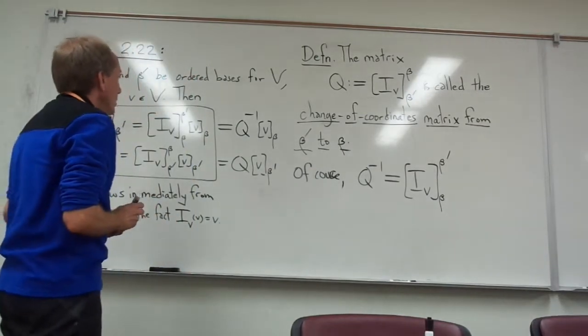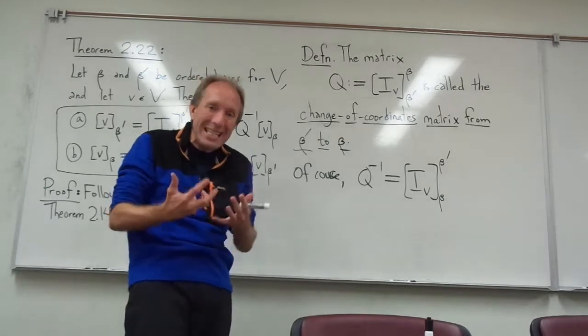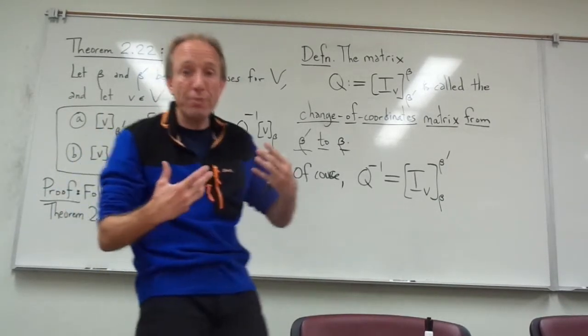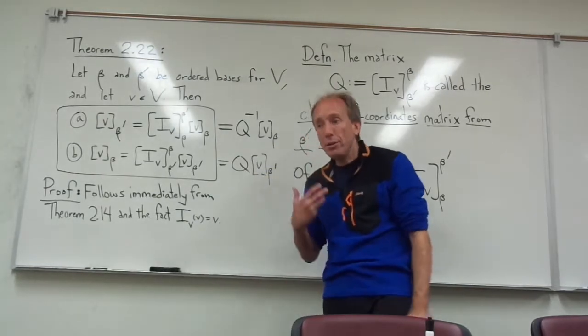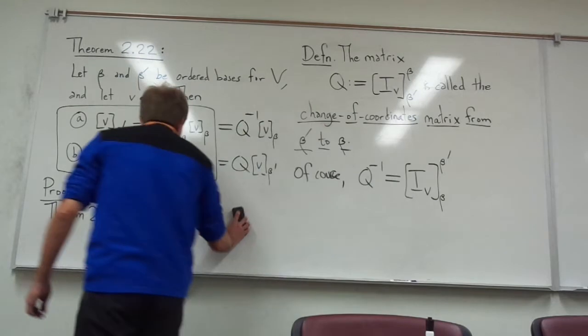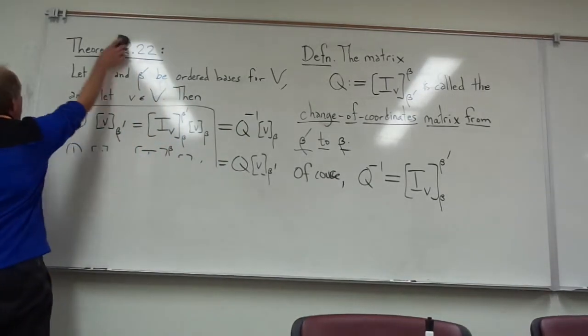Okay? So there are times when multiple bases are important to look at, right? So you might have two different bases that you care about. I'm going to show you some examples of that next week. But for right now, I won't get too much into that.